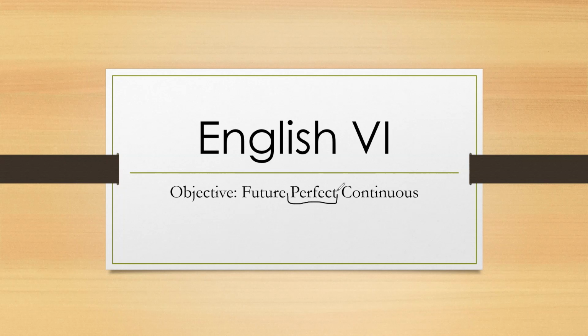If it's present perfect, we need to use the auxiliary have. If it's the past perfect, we will need to use the auxiliary have in past, which is had. And if it's the future perfect, will be the auxiliary have in present, right? So it is correct, Danny. We have to use the will plus the have.